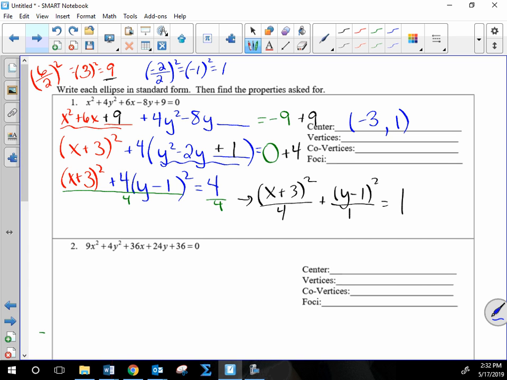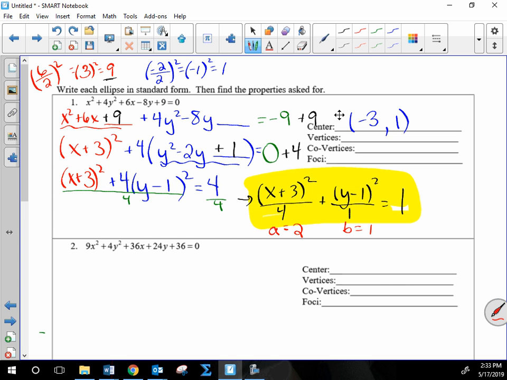Now this would be an example where we have to do our vertices and our co-vertices without having graphed it. So let's go ahead and identify our A and B values. What is my A value? 2. I'm going to highlight my final equation here so it brings our attention to it. Okay. So my A value is 2, my B value is 1.